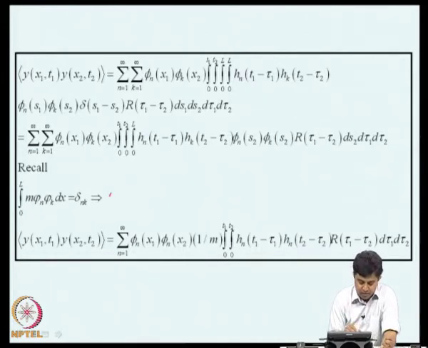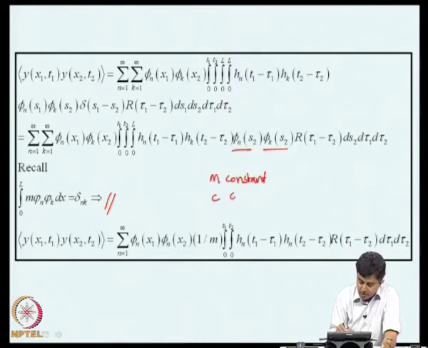Again, by using orthogonality relation of phi n of s2, phi k of s2, we can show that this double summation reduces to a single summation, and this triple integral becomes a double integral. So, some simplification is possible, but mind you, we are assuming m to be constant and c to be constant.